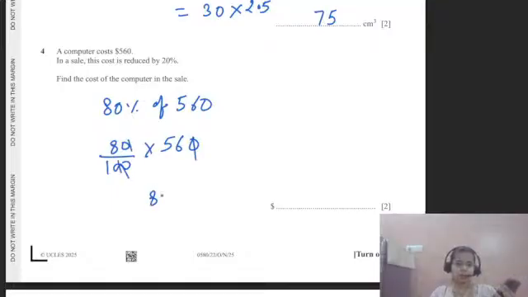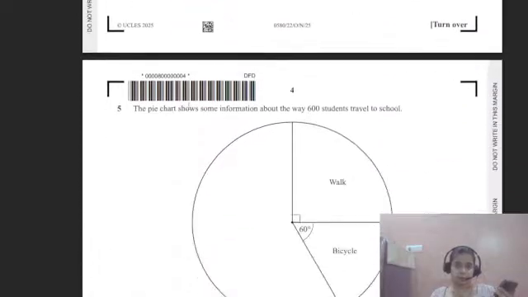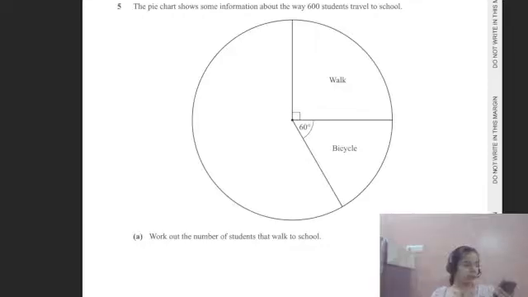Now you simply have to multiply 8 with 56. 8 6s are 48, carry goes over 4, and 8 5s are 40. So $448 will be the price after the reduction.